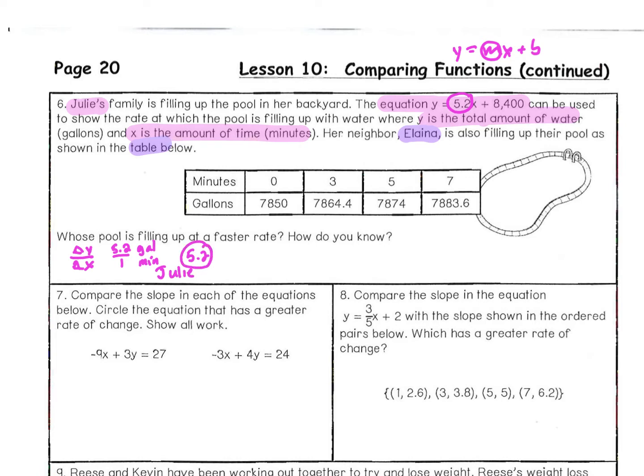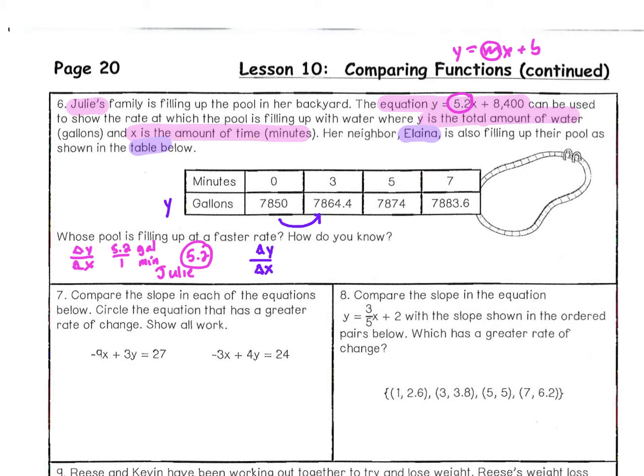Now let's look at Elena. Elena's information is given in a table. So we're going to start with Elena's information. We have y over x, change in y over change in x. So we're going to start here. This always feels a little bit awkward because we're working with the bottom part of the table.